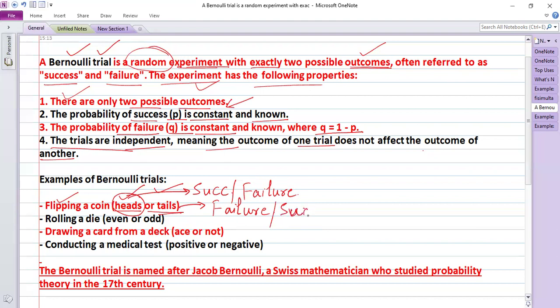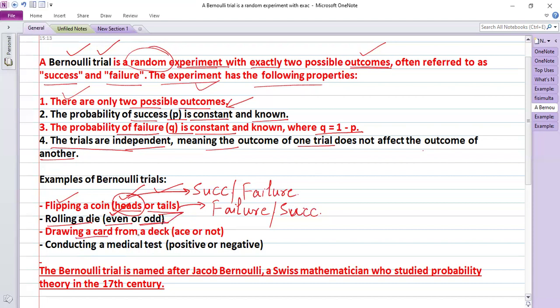If we roll a die, if we get an even number, 2, 4, 6, we can call it our success, and if we get an odd number, 1, 3, 5, we can call it failure. Vice versa, if we get an even number it is our failure, and if we get an odd number it is our success.